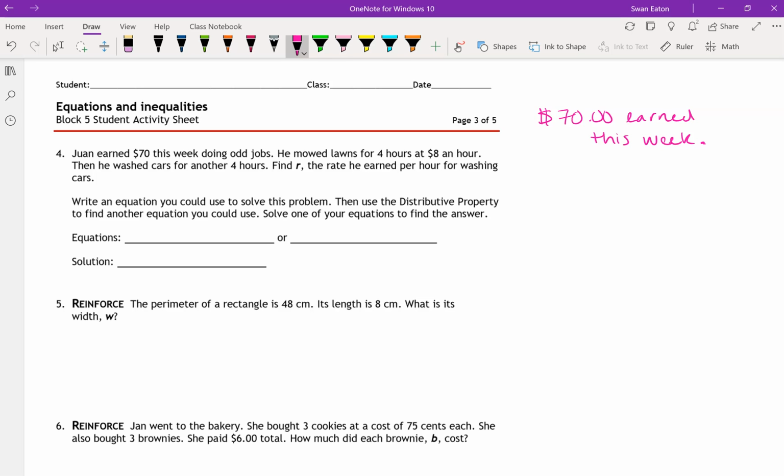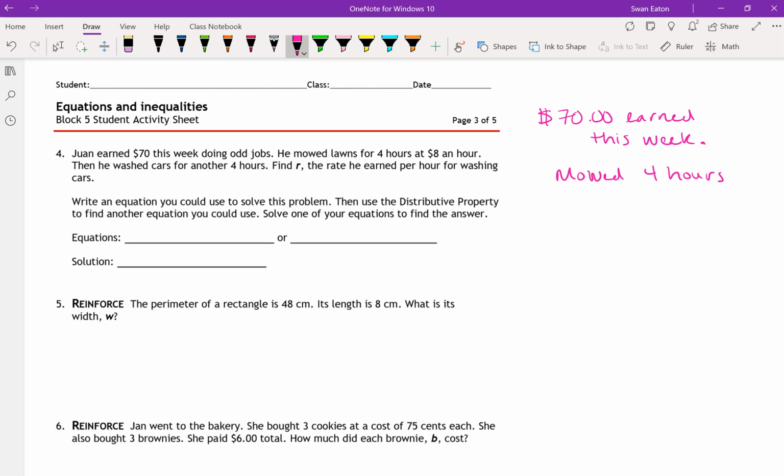He mowed lawns for 4 hours at $8 an hour. So I'm going to write 4 hours at $8 an hour. So he mowed for 4 hours. I'm going to write mowed 4 hours.